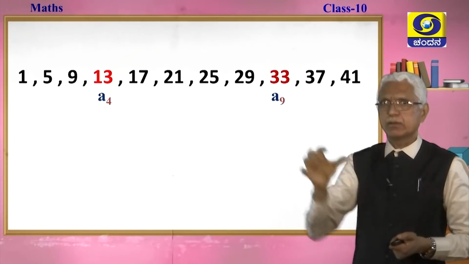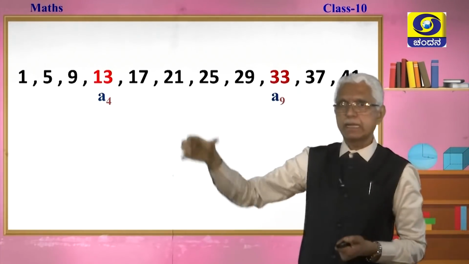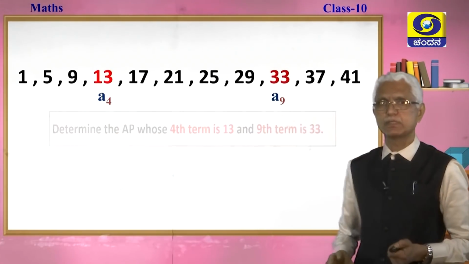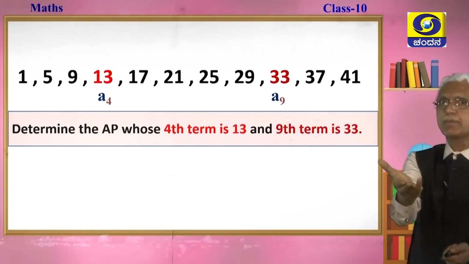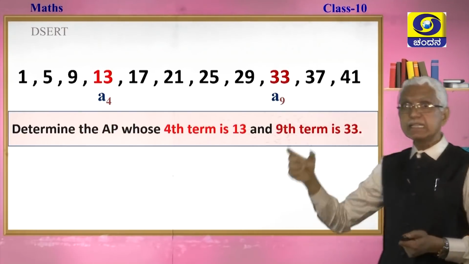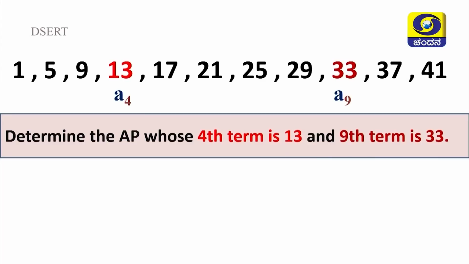They will give you only 2 terms. Problem: determine the AP whose 4th term is 13 and the 9th term is 33. Not the first, second; you are not given 2 consecutive terms at random. 4th is given, 9th is given. You will have to find out the AP.